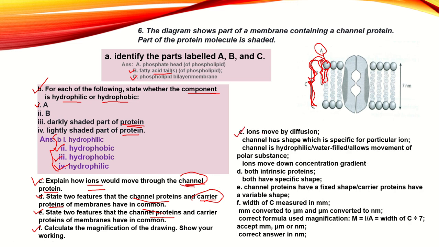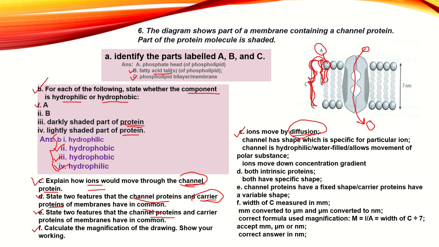Here, ions move by diffusion. So diffusion is a process, guys. Diffusion is the net movement of molecules, or you can say ions, from a region of higher concentration to a region of lower concentration, as a result of the random movement of particles.